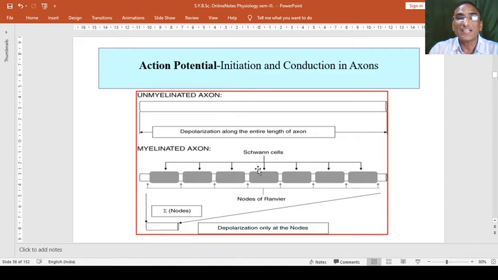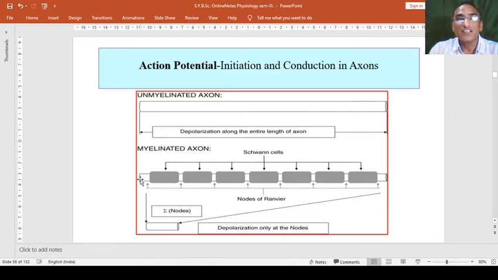and therefore this is also known as a Schwann cell. This is called a Schwann cell because it works as a single simple cell, and in between these two cells there is a gap called the node of Ranvier, and the actual activity of depolarization takes place at the nodes only. Therefore these nodes are the sites of depolarization and repolarization.